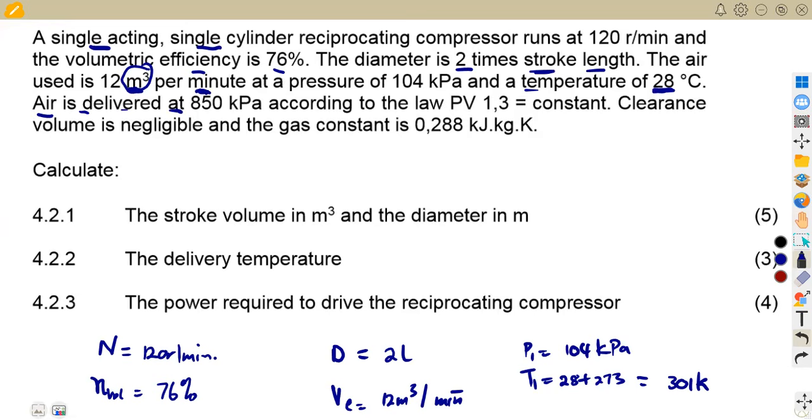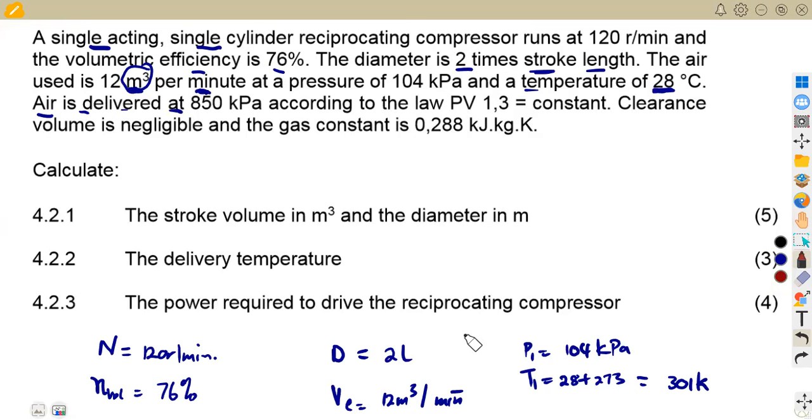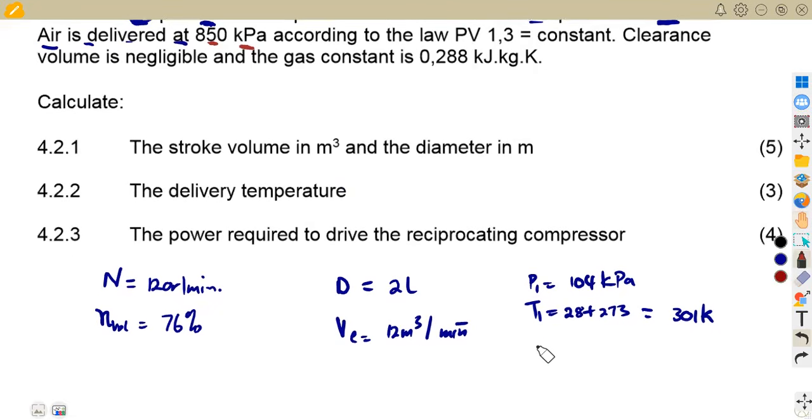All right, the air is delivered at the output conditions, P2 and T2. So here we are given the pressure at which it is delivered, so we are given P2 in this case. Our P2 is 850 kilopascal.